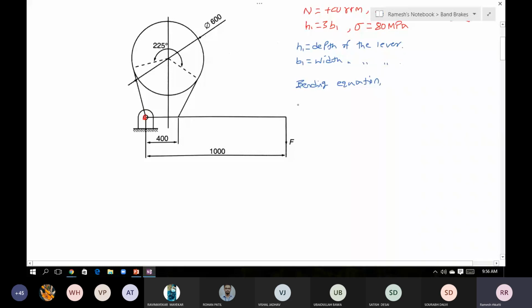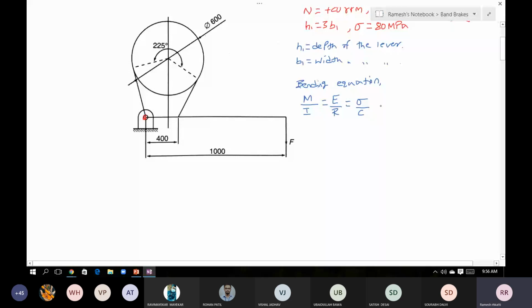The bending equation is M divided by I is equal to E by R, which is equal to stress by C. C is the distance from the neutral axis to the extreme fiber of the lever.